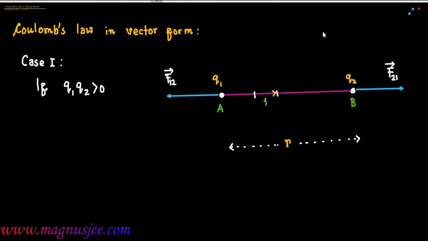We can denote the unit distance vector r12 cap, which has the direction parallel to AB and magnitude 1.